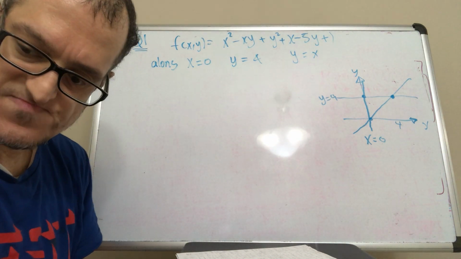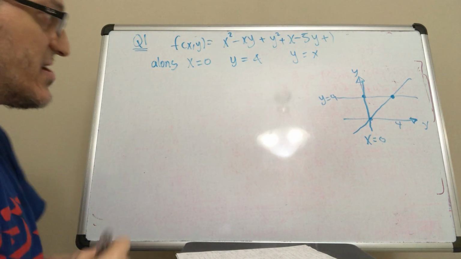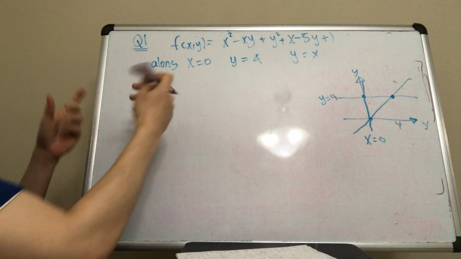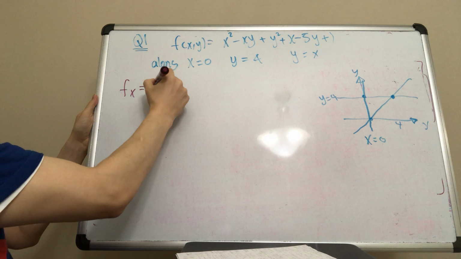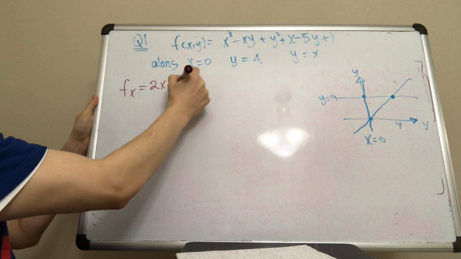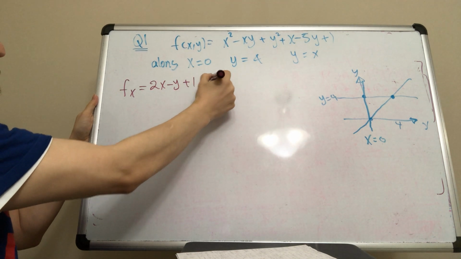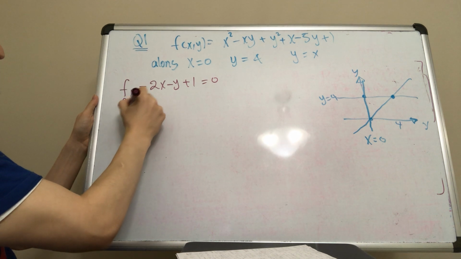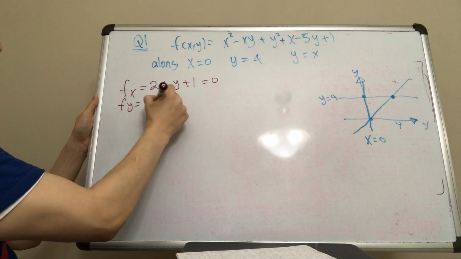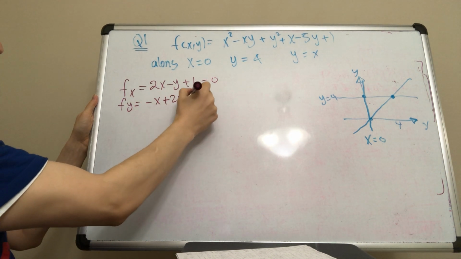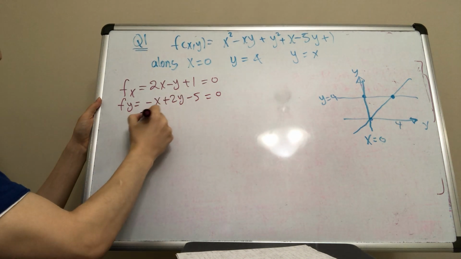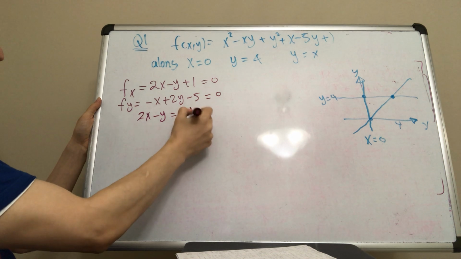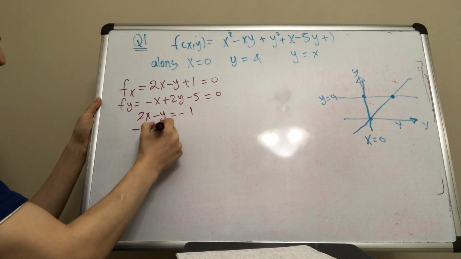Now to do this, first thing you need to do is you find the critical point. You know how to find the critical point. You need to find the derivative with respect to x: 2x minus y plus 1, set it to 0. Derivative with respect to y: minus x, 2y, negative 5, set to 0. Solve for this, so you put the first equation, you put the second equation.